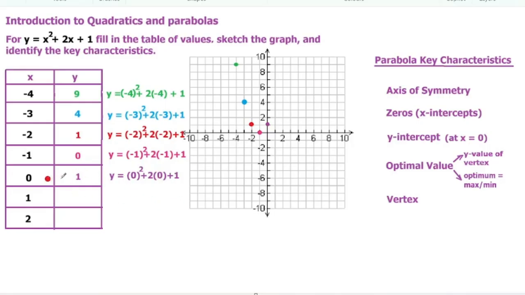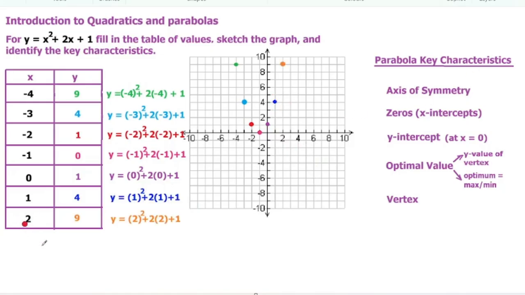So now we're at 0, 1. So 0, 1 is our purple dot here. And then when we have x equals 1 and we put that into our equation, y equals 4. So it's 1, 4 right here.